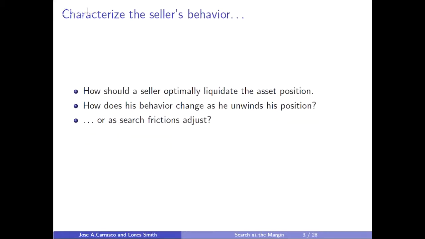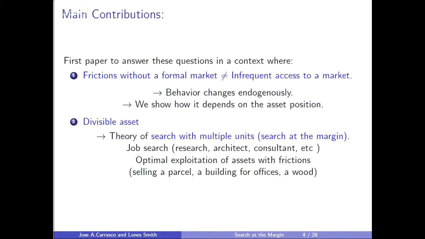Okay, what do we mean by that? Well, what is the optimal selling strategy? How does the behavior change as I unwind my position? So as I sell my position, how do I behave? And how does my behavior change as frictions change? Okay, what trade-offs arise? So it's a very general question. What do we understand about a seller that wants to sell an asset that might be divisible?